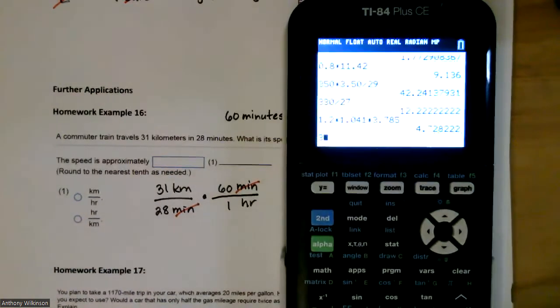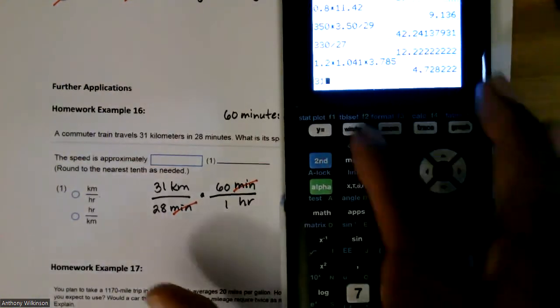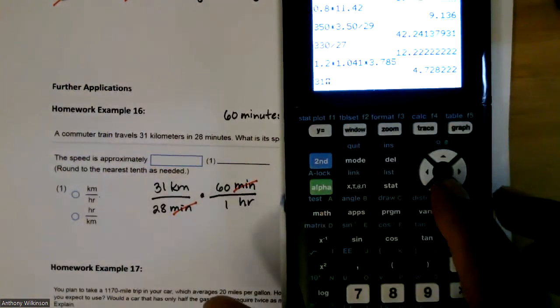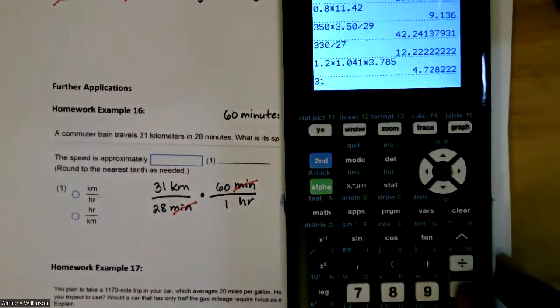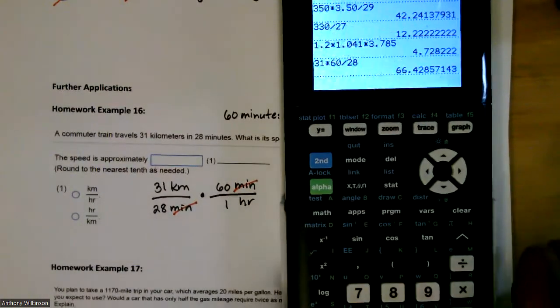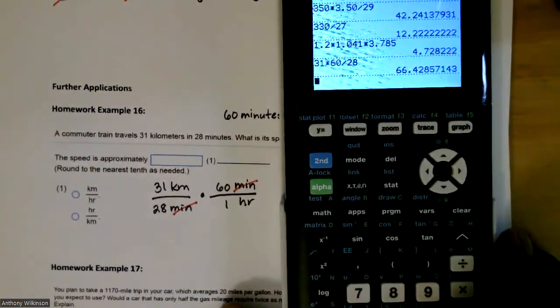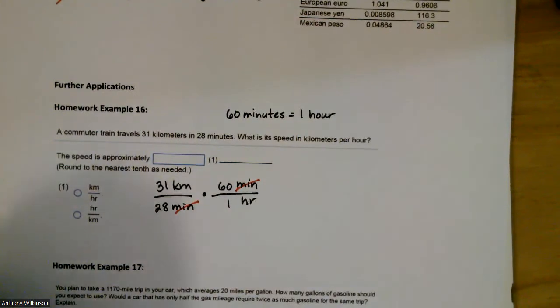So if I do 31 times 60 divided by 28, to 1 decimal place this will be 66.4 kilometers per hour.